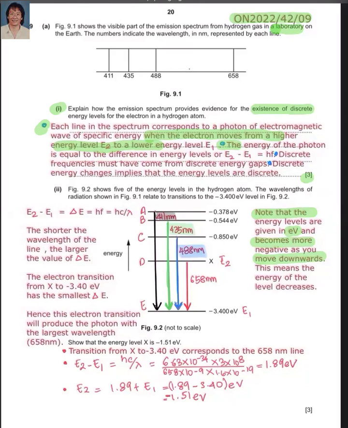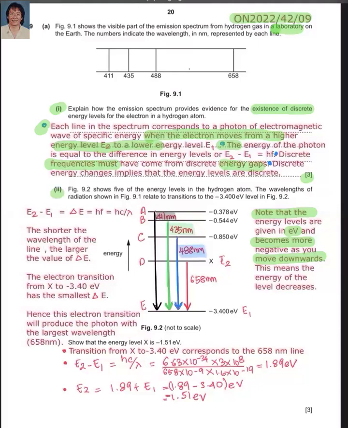We take E2 minus E1 because we get a positive value equal to hf. Then discrete frequencies must have come from discrete energy gaps, or you can say that discrete energy changes imply that the energy levels are discrete.